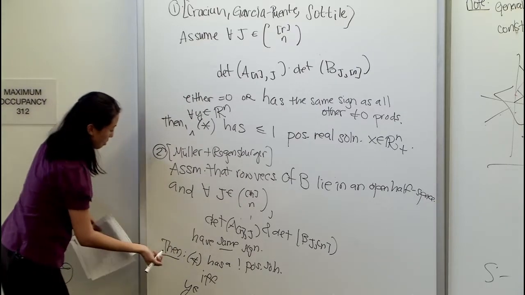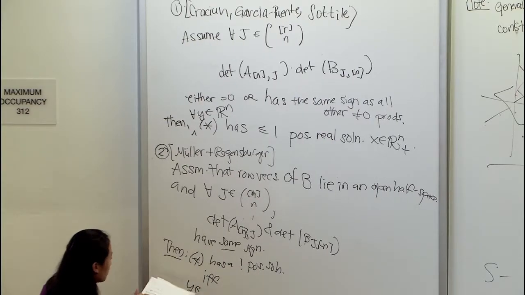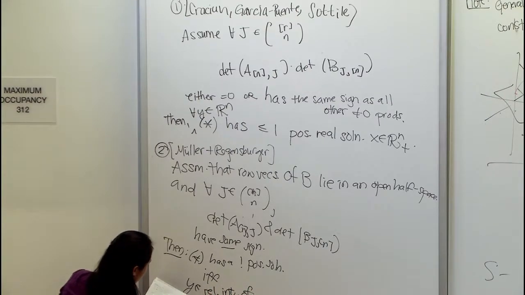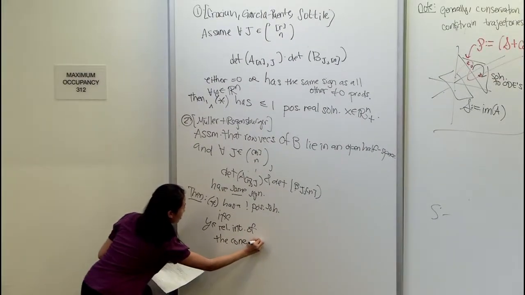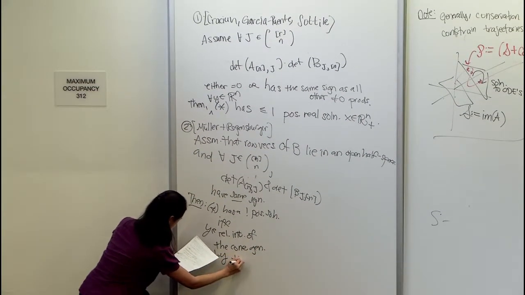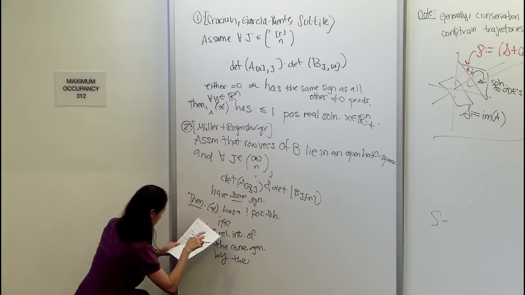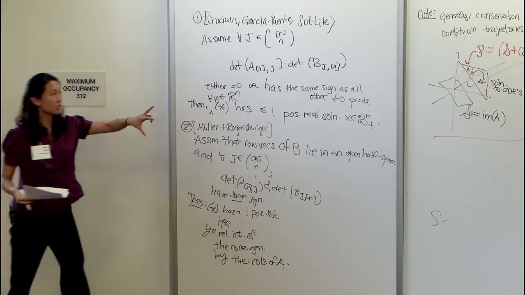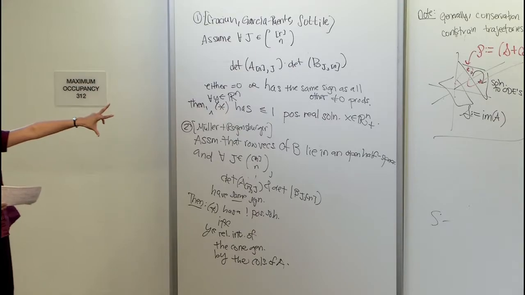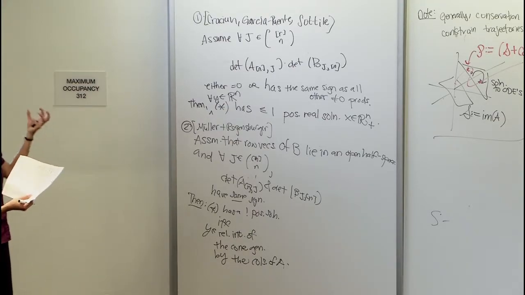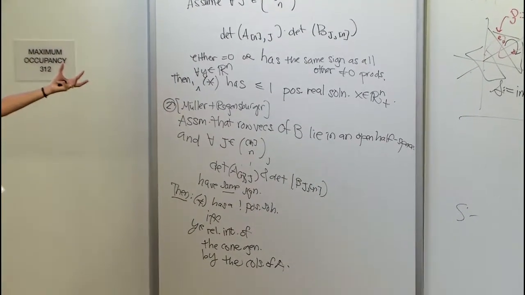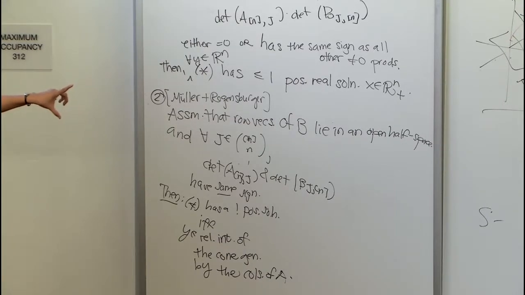That is, y is in, let's say, the relative interior of the cone generated by the columns of A. So I go back into the coefficient matrix A, I look at the corresponding columns and I look at the positive cone generated by this set, and those tell me exactly the y's for which this system has exactly one positive real solution.